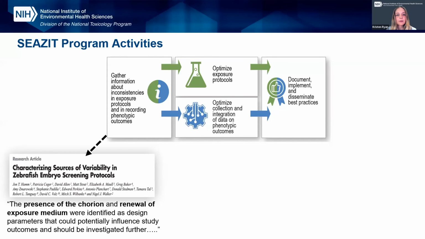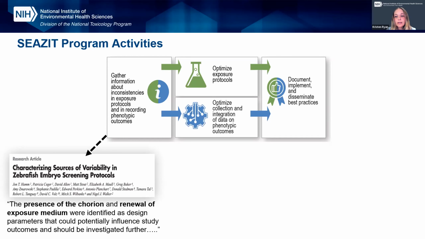The chorion is that outermost membrane which overlays the embryo during the first 3 days of development. It's a highly fenestrated aspect of zebrafish development with pores, so it can affect chemical access to the embryo based on molecule size, physiochemical properties, or ionic charge.